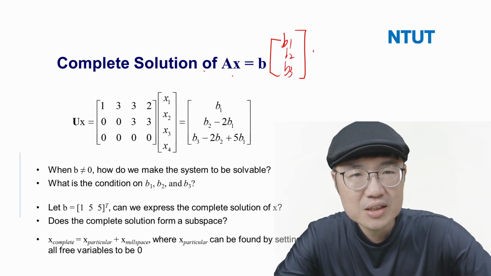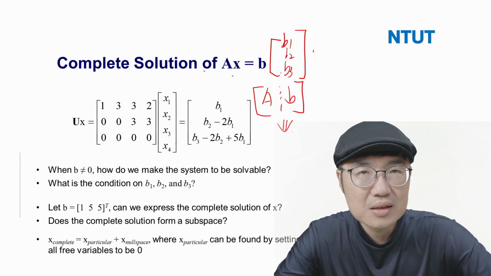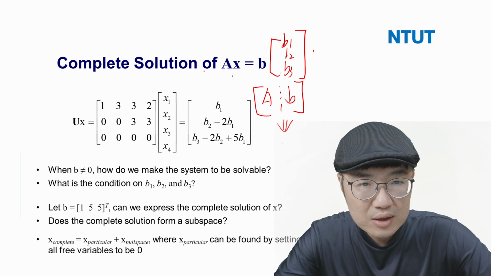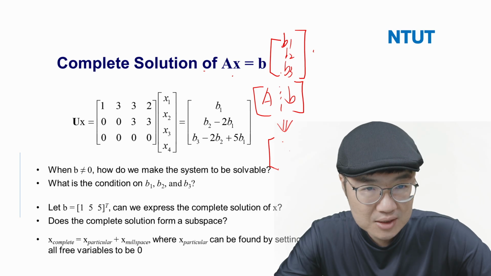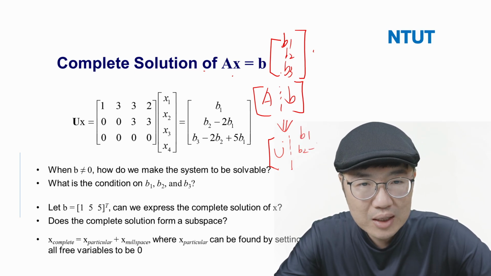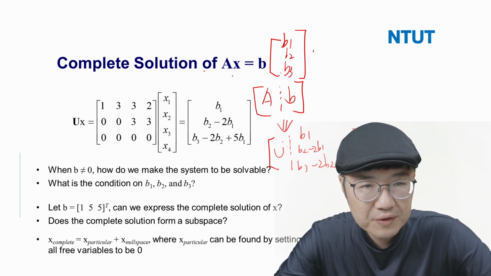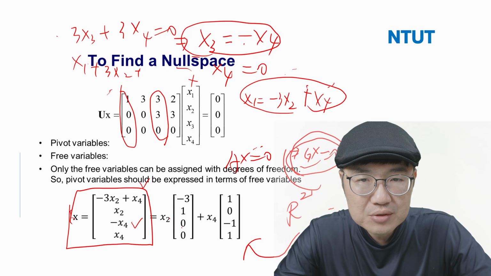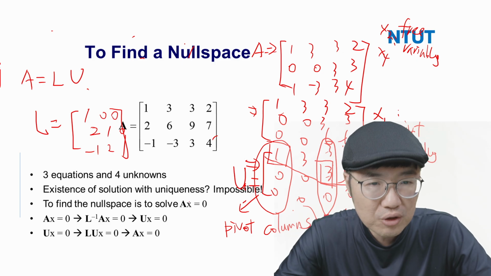So if you put this b along with A as an augmented matrix, we perform those Gaussian elimination steps. With b considered, this leads us to U and c, the right-hand side, which in this case is b1, b2 minus 2b1, b3 minus 2b2 plus 5b1. And as you can see, these coefficients can be found in L. Yeah, the L also determines those coefficients.